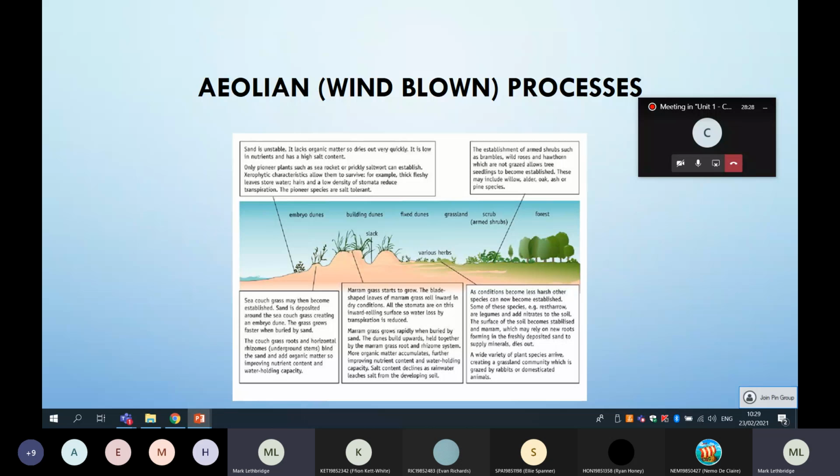Now, obviously, the amount of annotation that is around this diagram is huge, and there is a lot of wording in there that you might not particularly be completely comfortable with, especially things like the idea of what we call a rhizome and things like xerophytic characteristics, those sorts of words.